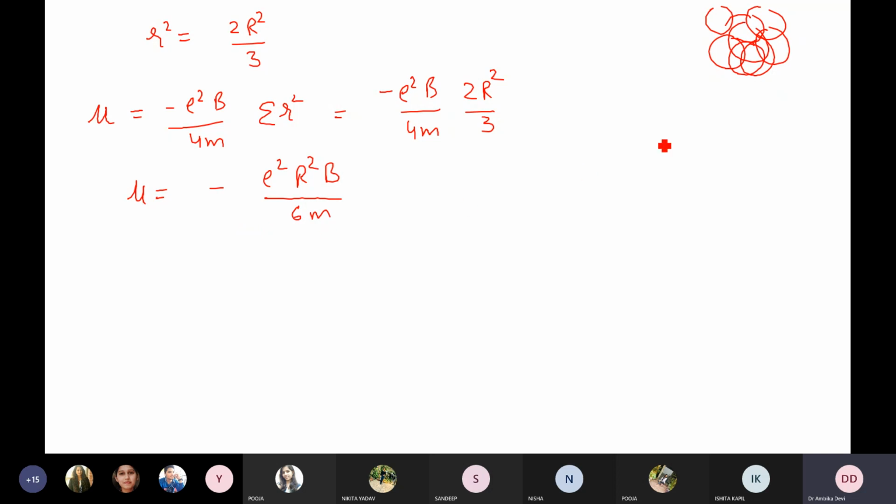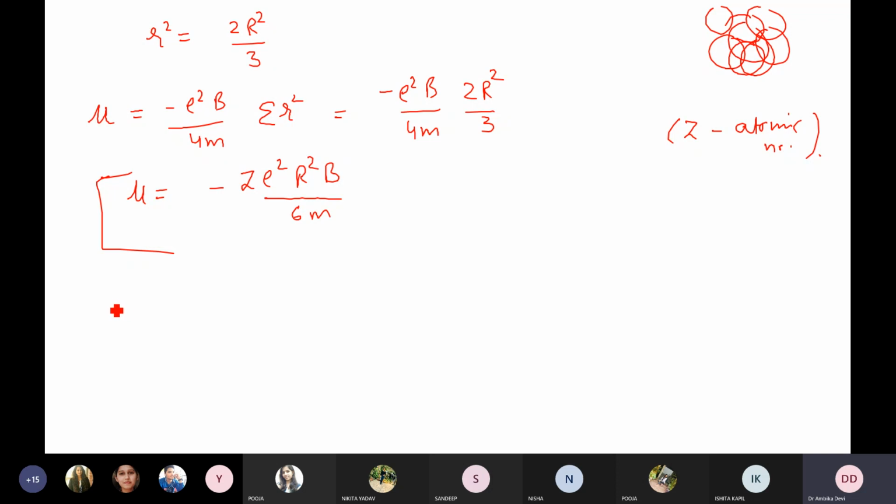And if Z is the atomic number of this atom, then the total magnetic moment of this atom will become Z multiplied by e square r square B upon 6m, because there will be Z number of electronic orbitals in the atom. So mu is equal to minus Z e square r square B by 6m is the net magnetic moment of the atom.